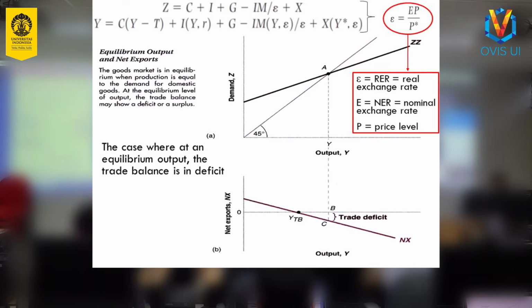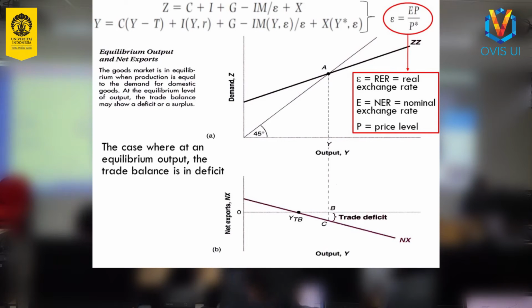Suppose you start from the equilibrium here, output, and you want to increase the GDP to the right. Boom! Look what happened. The deficit widened. Is that clear? This one starts from originally already having a small trade deficit. The moment you increase output, your trade deficit widens.